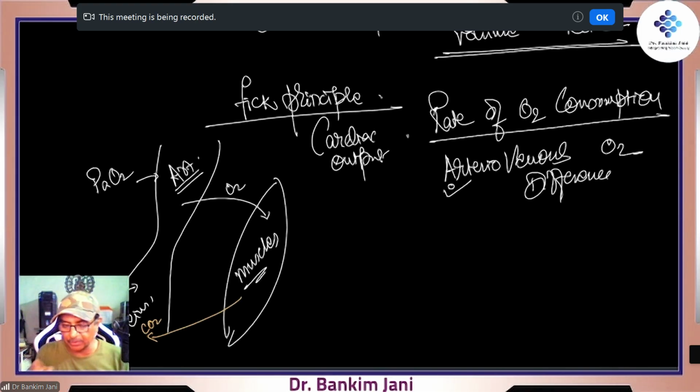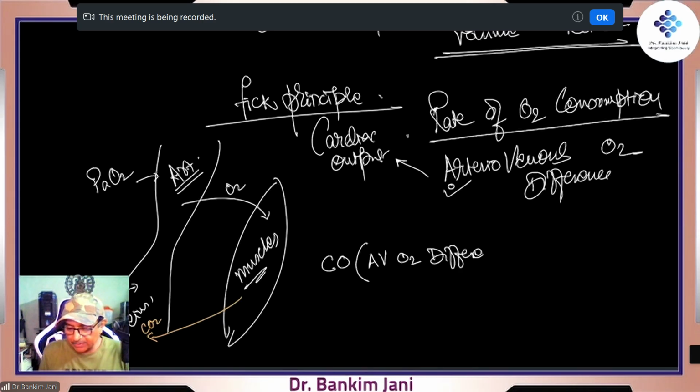So this means we are talking about this, right? So this means with every time how much oxygen is used from the arteries and how much is not used. So that is what we'll see from the veins. And how many times it is, and cardiac output, right? Multiplied by arteriovenous oxygen difference.